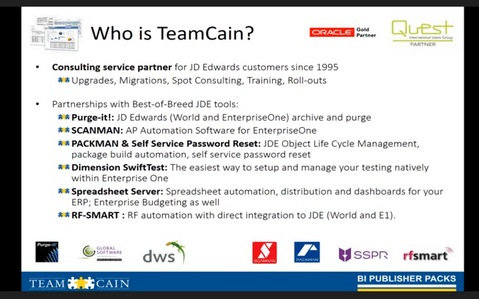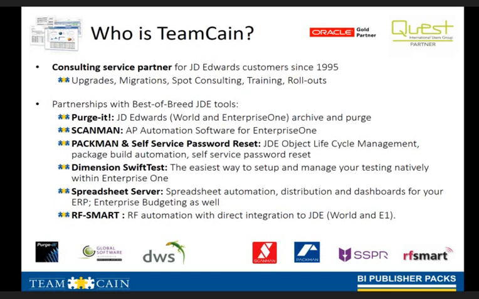We partner with DWS for, among other things, the Dimension Swift test, so a great tool to let you set up and manage your testing natively within Enterprise One. We're a long-standing partner of Global Software with their spreadsheet server solution. If you are an Excel-based organization and prefer to get your data from JD Edwards in Excel for financial reports or any other analysis, this is a great directly tied to JD Edwards solution.